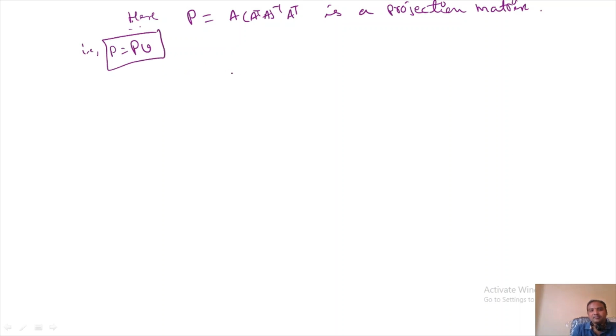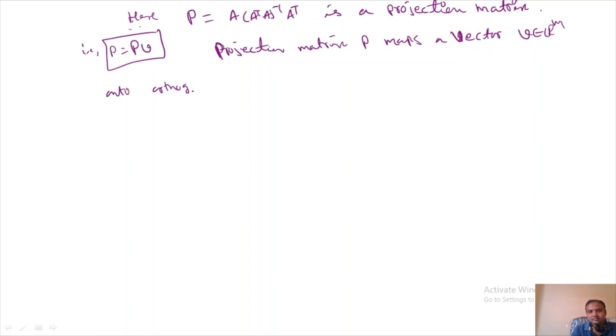Therefore, small p equals the projection matrix times V. By this derivation, the projection matrix P maps a vector V belonging to Rn onto its orthogonal projection, small p equal to capital P V, in the subspace.